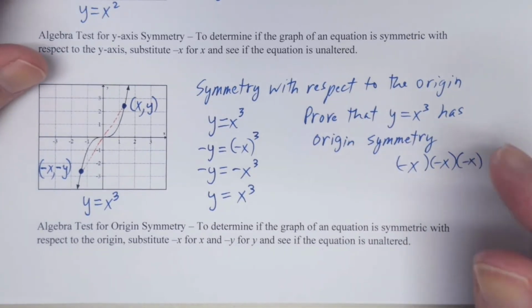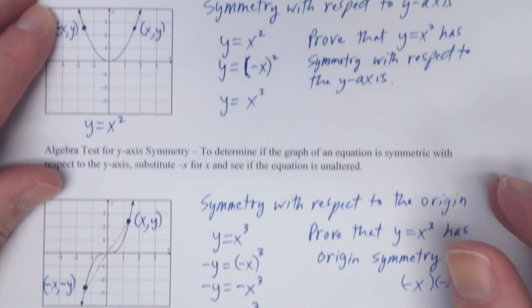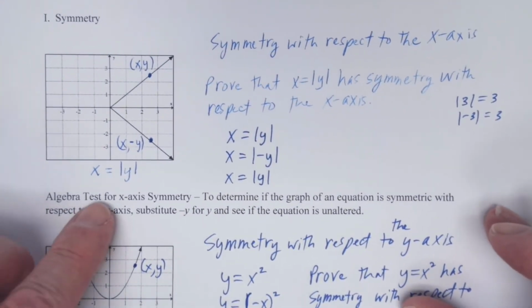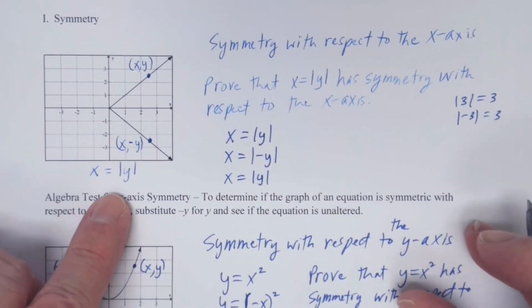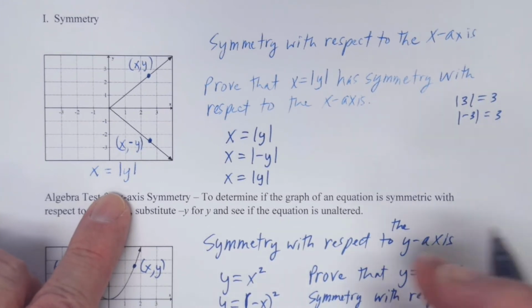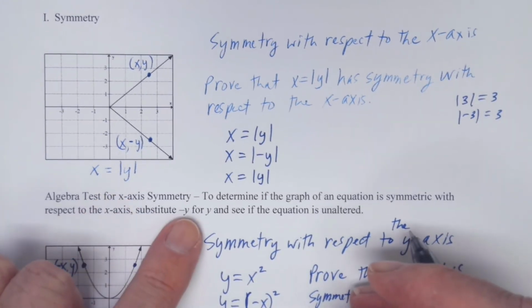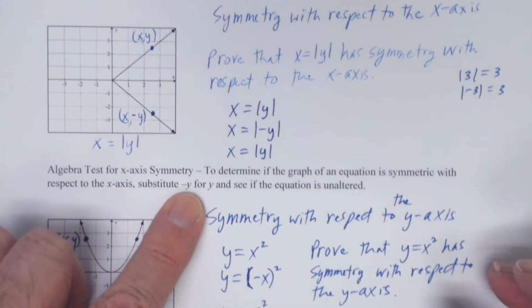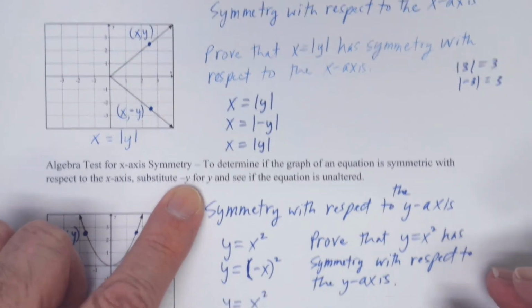All right, so I just want to point something out to kind of summarize here. To prove that we have x-axis symmetry, we replaced y with minus y. So that's for x-axis symmetry. So we basically replaced the opposite variable.